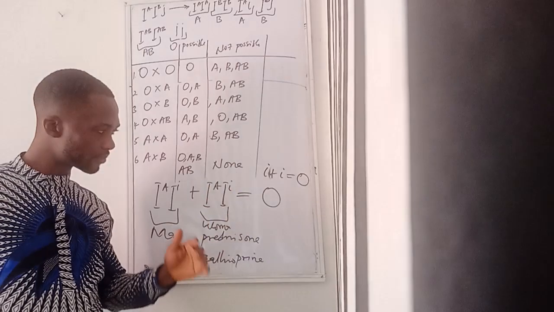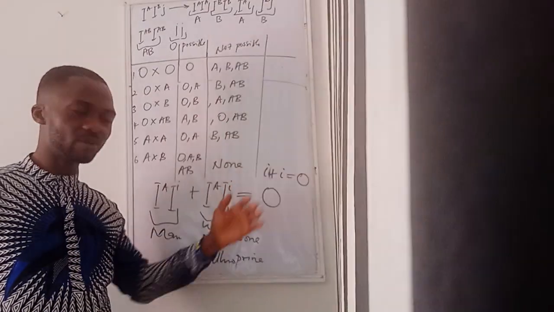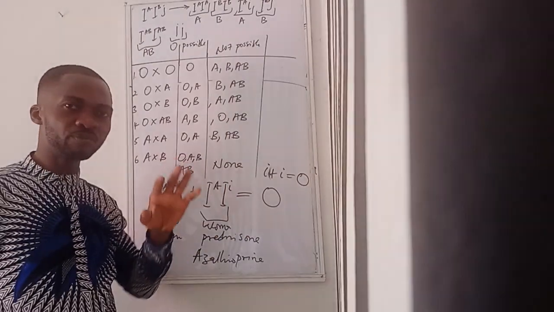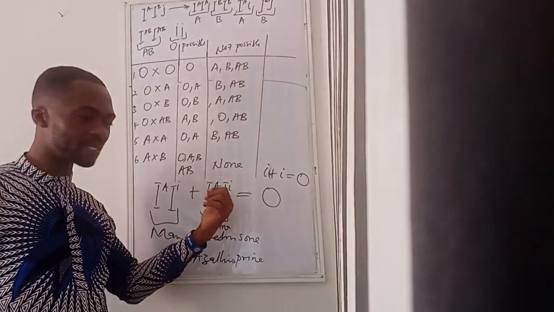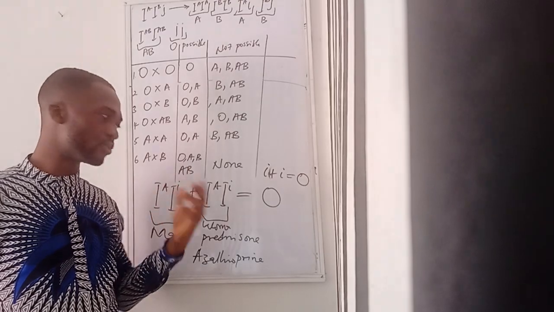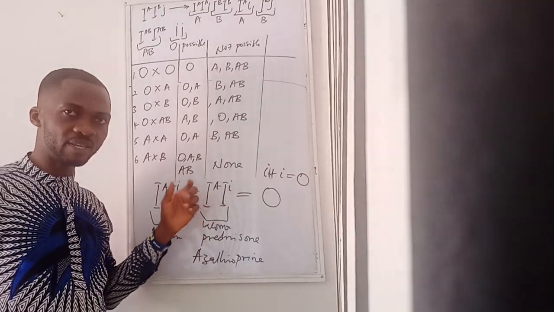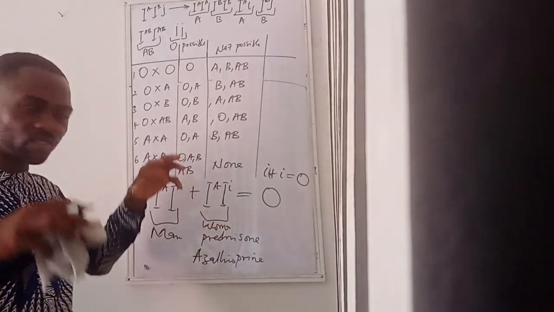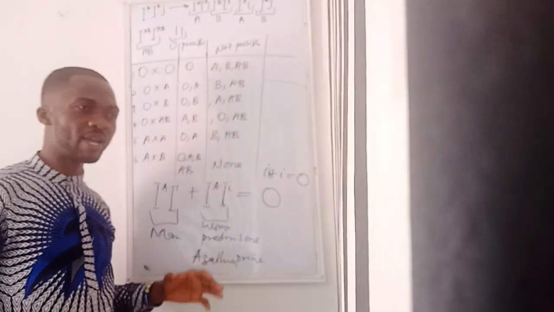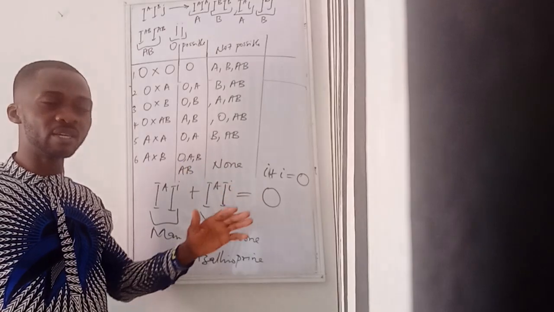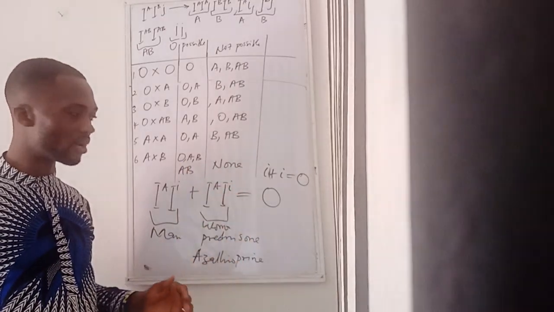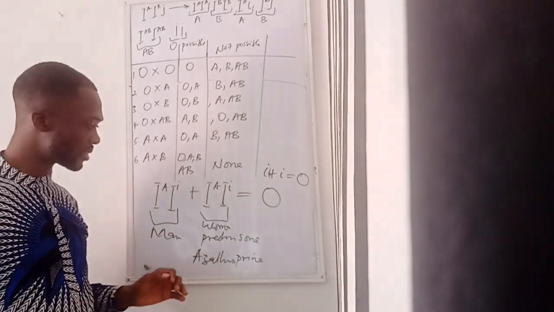Even though phenotypically the woman's blood type is A, genotypically she is carrying that i. The i is recessive, whereas the A is dominant, and that is why it suppresses the expression of the i, and you see the blood type A phenotypically, or when you do a blood test.